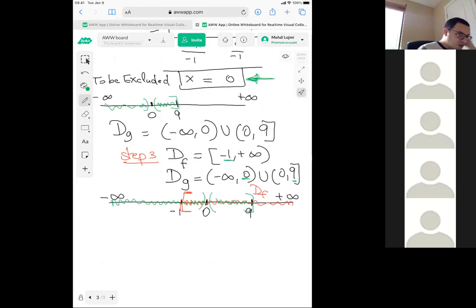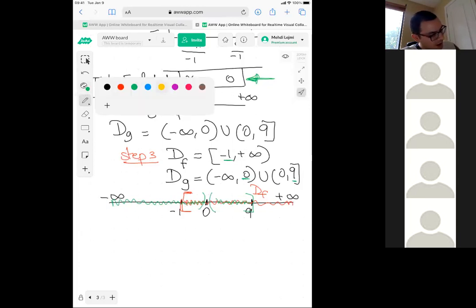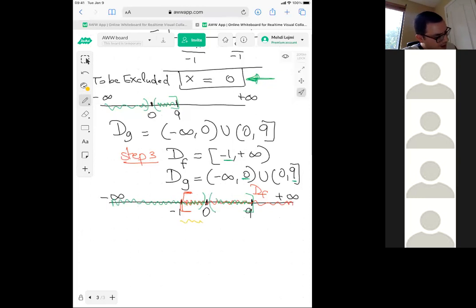Okay, so now the question is, what will be the common domain? What will be the domain which is the intersection of the two domains? Well, that will be the domain which is at the same time red and green, right? So you see here, this interval here, it's red and green at the same time. Of course, we have to exclude 0 because 0 is not in the domain of G, right?